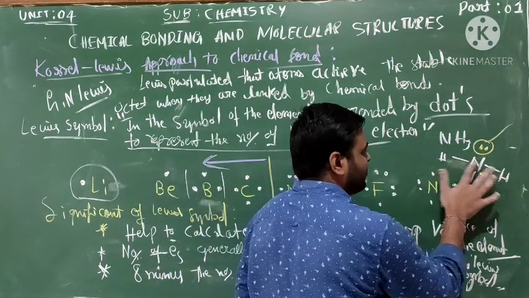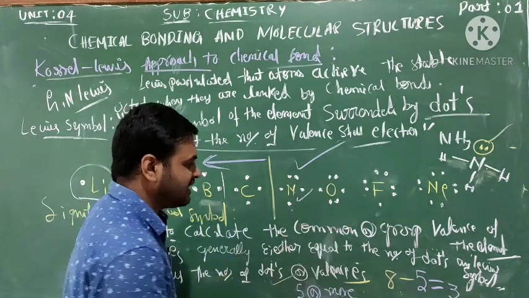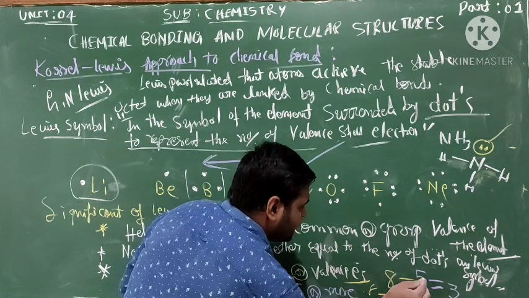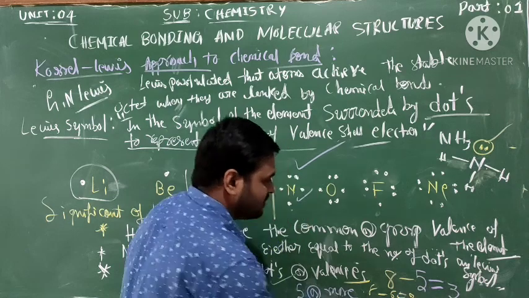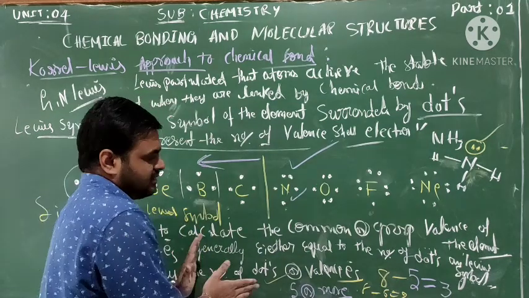This is the representation of ammonia. Oxygen is also 8 minus 6, so 2 is its bond capacity.